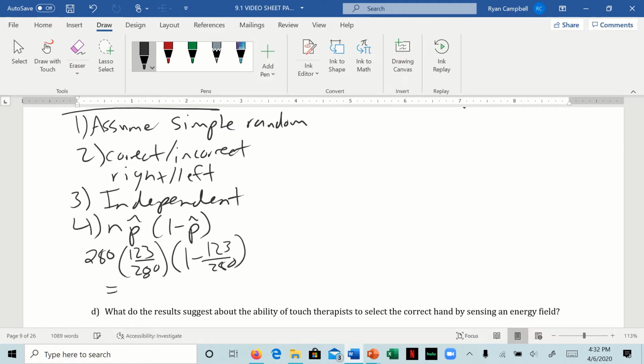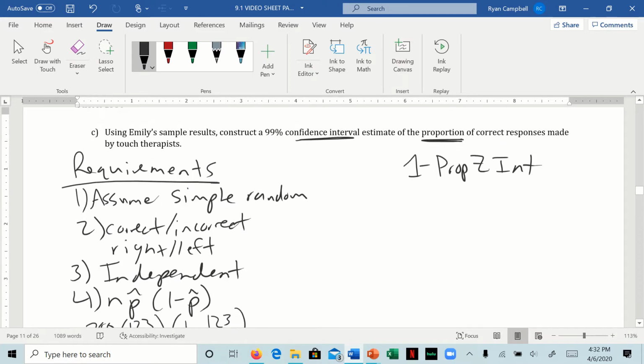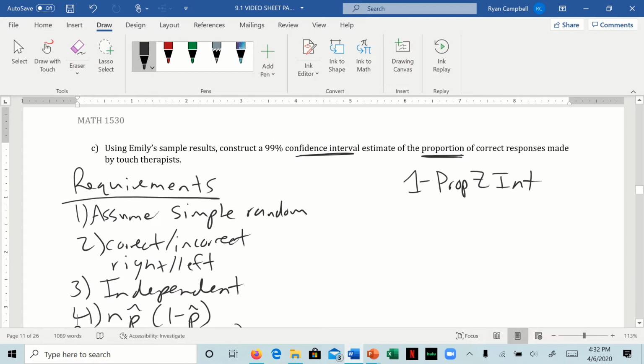We multiply these all together. We see that we get about 68.967, which is definitely above 10. So also great. All right, so all these work, so we can do 1 prop z interval.